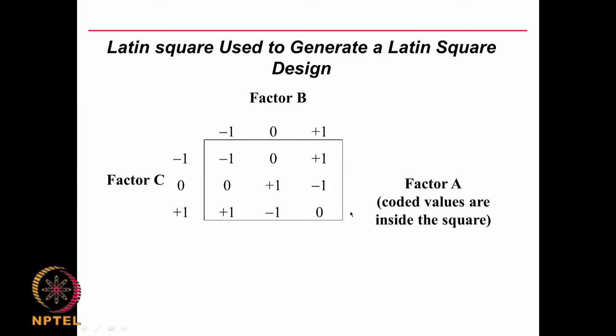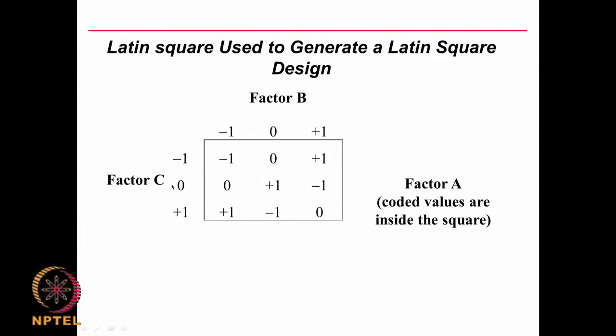So, we have 3 parameters, 3 levels, and we are doing only 9 experiments. Otherwise, if you are doing a factorial design, 3 raised to the power 3, that is 27 experiments. If I want to do 1/3 of that, that will be 9, so it will be a 3 raised to the power 3 minus 1 type of experiment.